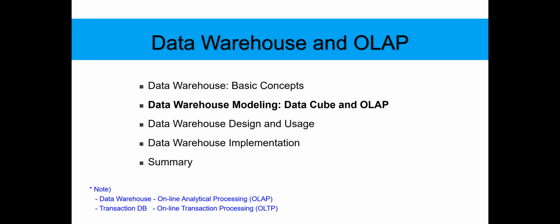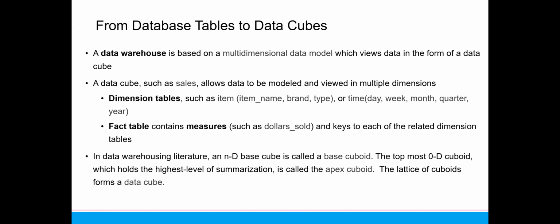Now we will look at the data cube and the OLAP in detail. From the database tables to the data cubes, as we already learned, the data warehouse is based on the multi-dimensional data model, which views data in the form of a data cube. The data cube, such as sales, allows data to be modeled and viewed in multiple dimensions.